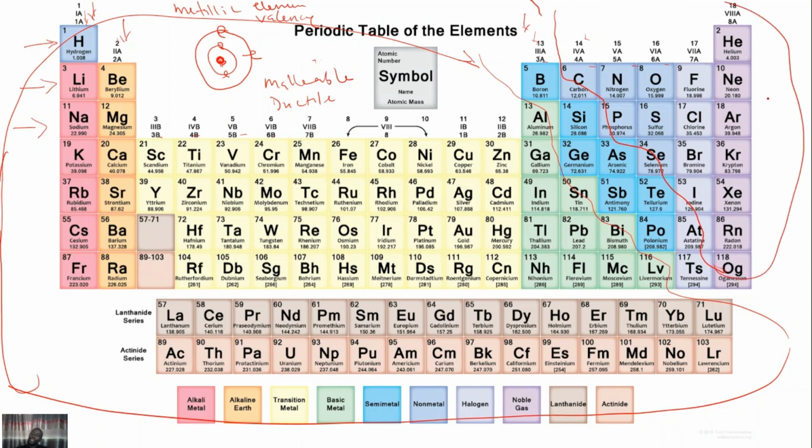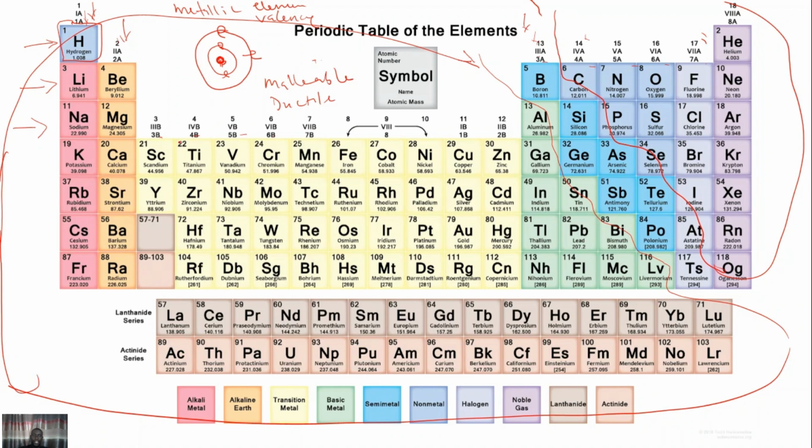They tend to gain electrons in their outermost shell because it is easier for them to gain electrons than to lose electrons. Please take note: hydrogen is not considered to be a metal. It is a gas.